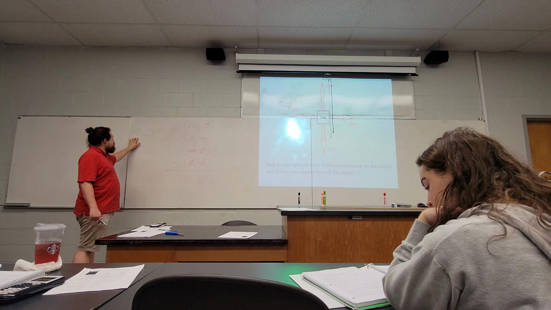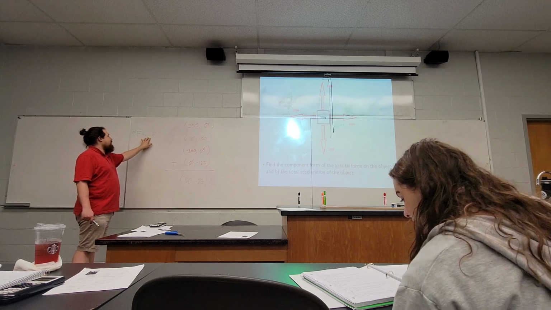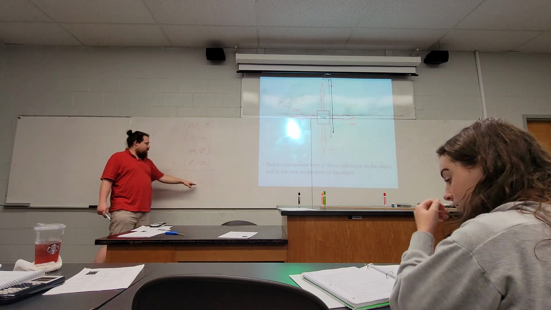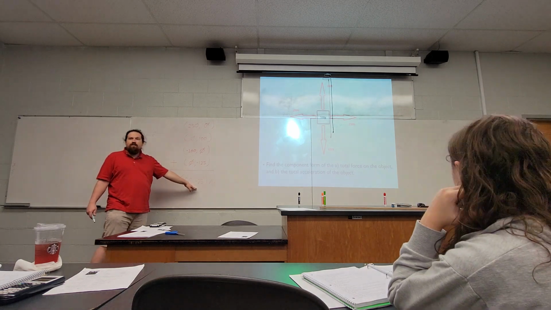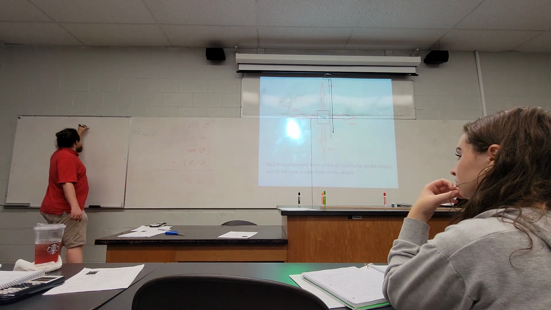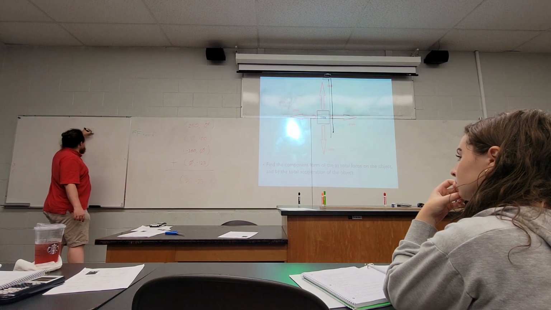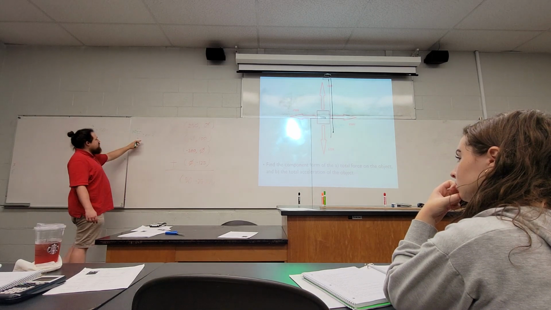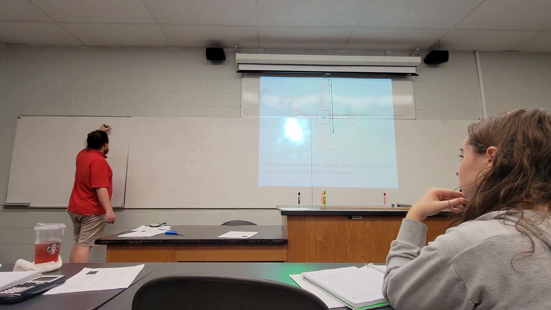So, we know the net force, we know the mass of the box, we want the acceleration of the box. Since we've got the two components, we're just going to use the formula twice, once for each axis. So net force X is that 50, and that's going to be equal to the mass of the box times the acceleration.